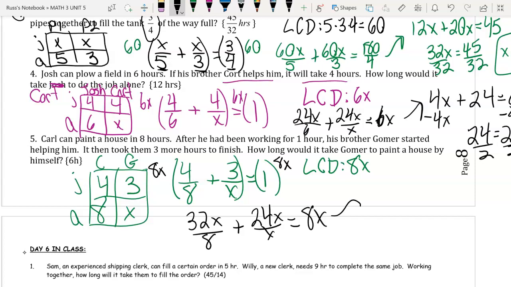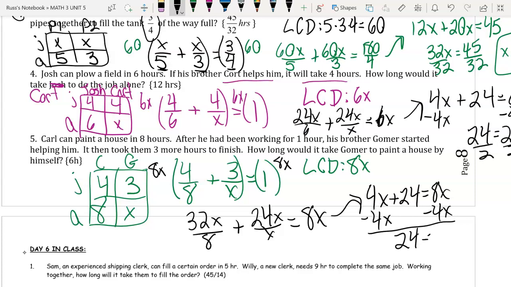Well, these reduce, right? So you get 4x plus 24 equals 8x. Minus 4x, minus 4x, I got 24 equals 4x. And then last step, divide by 4. So x equals 6. That's my 6 hours.